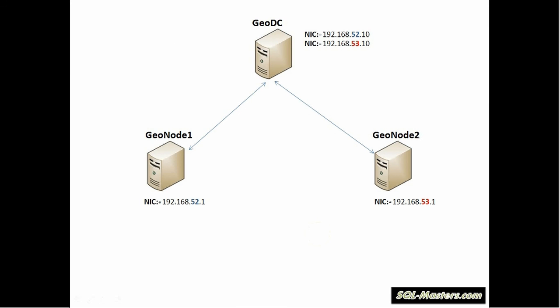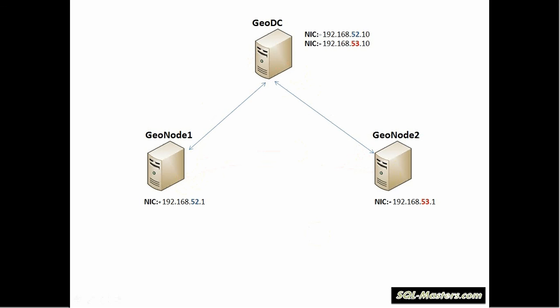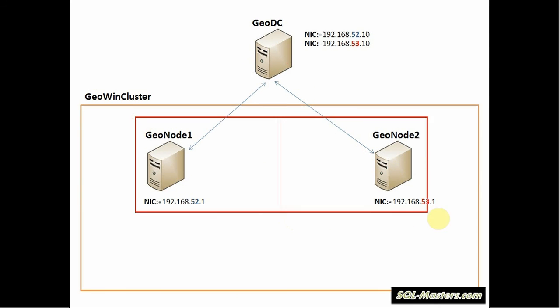When we have all 3 nodes set up and every node can ping each other, that means GeoNode 1 can ping GeoNode 2, GeoNode 2 can ping GeoNode 1, and both nodes can ping DC, the domain controller, then we will create a Windows cluster and add both the nodes into that Windows cluster.